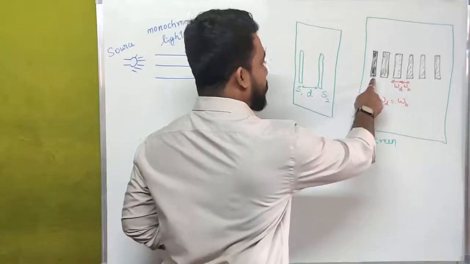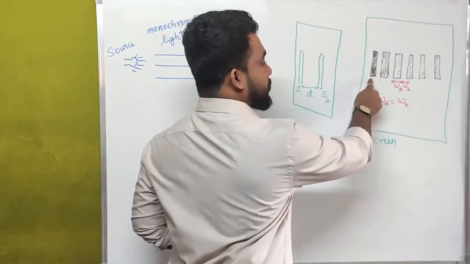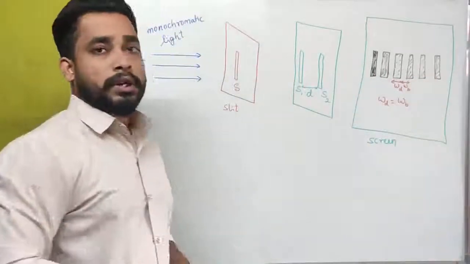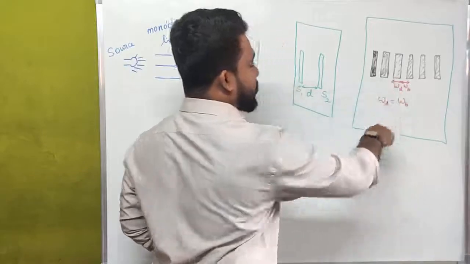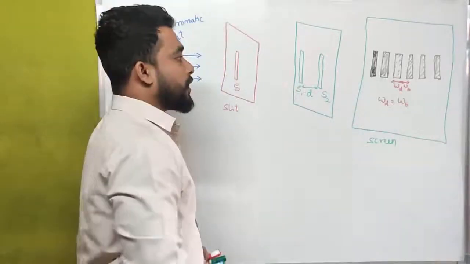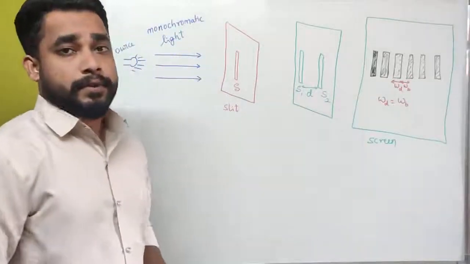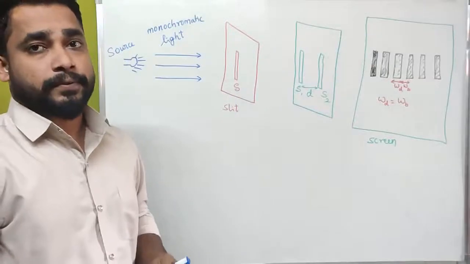Here the displacement of the waves is subtracting, that is why the intensity will become 0. The intensity of all bright fringes is same throughout the interference pattern. The width of a dark fringe is equal to width of the bright fringe, and we are getting alternatingly bright and dark fringes. This is the pattern of interference fringes.